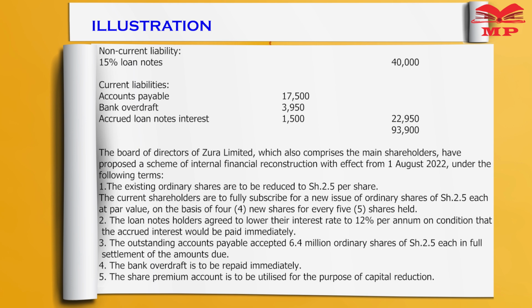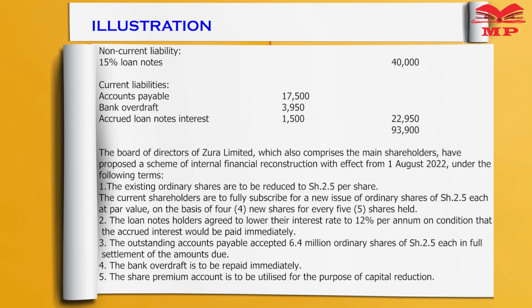Number 1, the existing ordinary shares are to be reduced to 2.5 shillings per share. The current shareholders are to fully subscribe for a new issue of ordinary shares of 2.5 shillings each at par value, on the basis of 4 new shares for every 5 shares held.